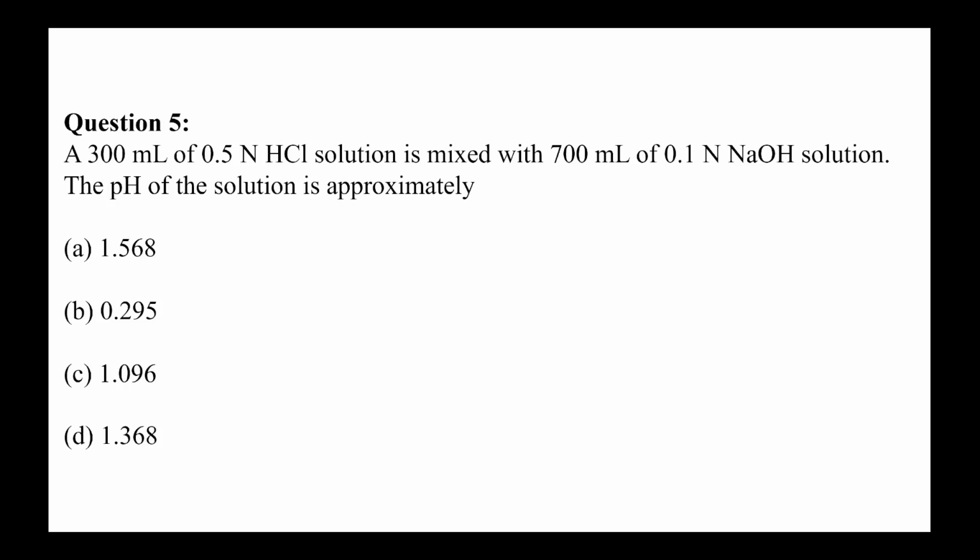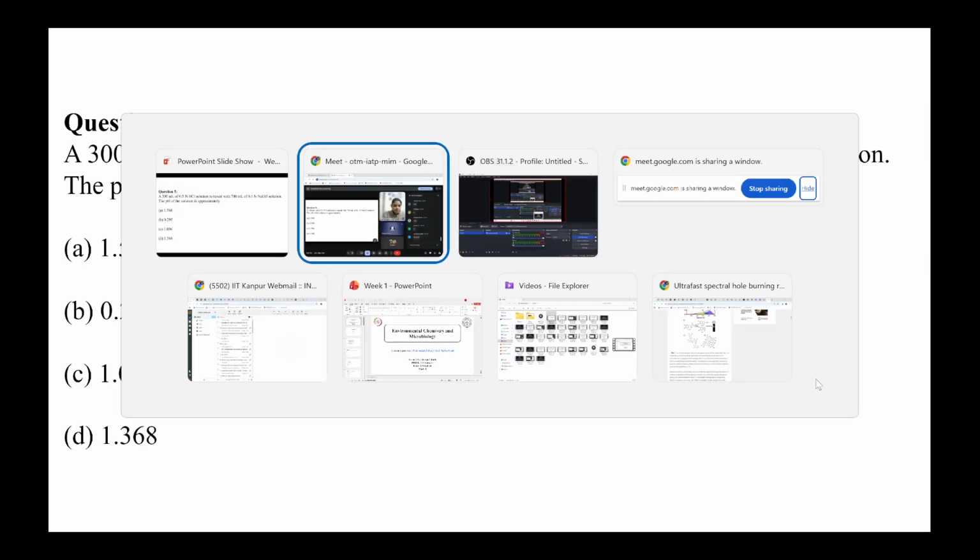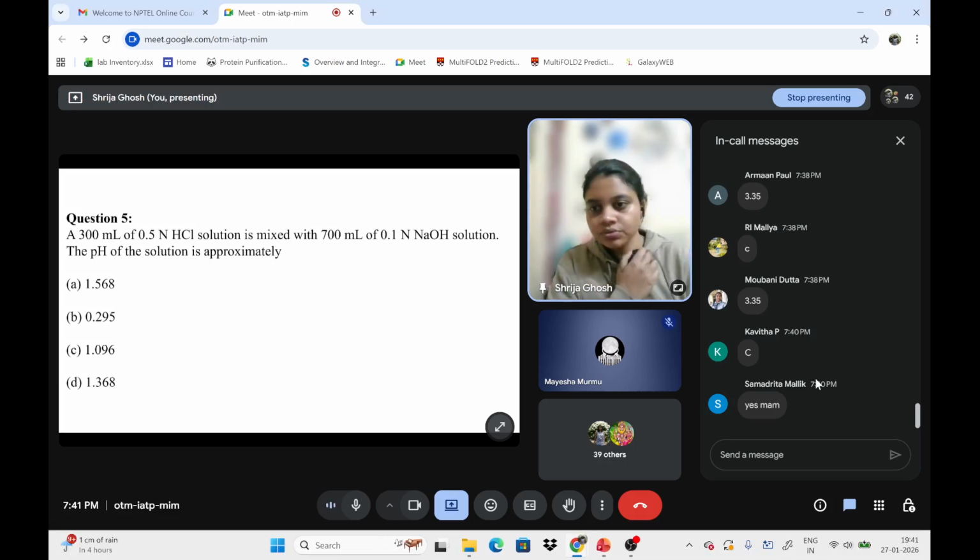The volume and the concentration of the acid and the base are given. You have to now calculate the pH of the final solution. So, any idea how to do it? If you are able to do it, I would request all of you to try solving it.